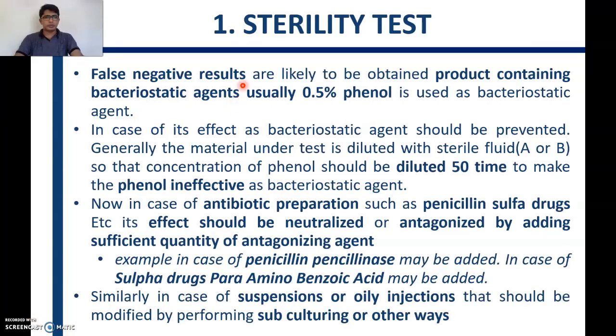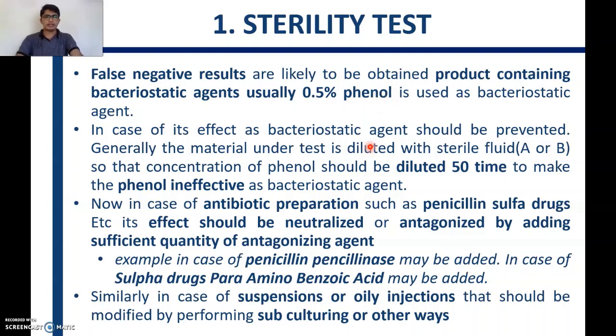Sometimes during the sterility testing, there is a chance for a false negative result, which means even though the sample contains some contaminating microorganism, it may give a negative result. It will not produce the turbidity. And this is mainly due to the presence of some bacteriostatic agent like 0.5% phenol, which is used as a preservative in the parenteral preparation.